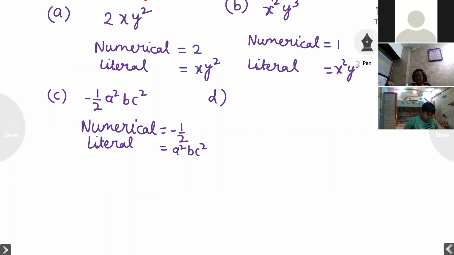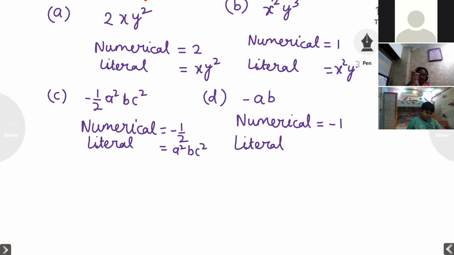D question, minus ab. Tell me what is numerical? Just now I told you, if there is no number, we will assume 1. But before that, what is the minus? Minus 1 is the numerical. What is literal? ab. Literal equals ab.